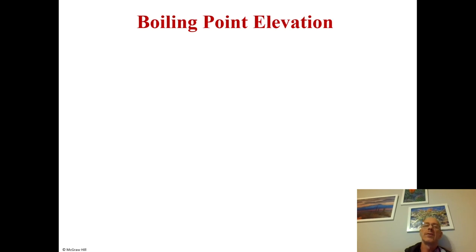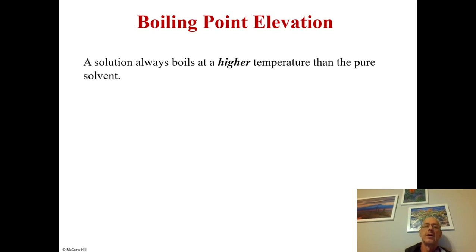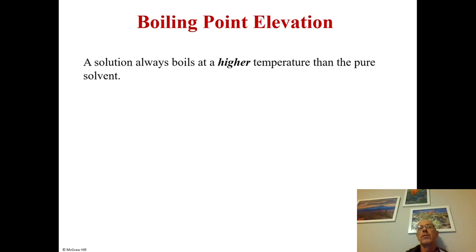The next colligative property we're going to look at is boiling point elevation, which is related to what we just looked at, because boiling point is the point at which the vapor pressure of the solvent under the given conditions is equal to the atmospheric pressure. A solution, since the vapor pressure is lowered, always has a higher boiling temperature than the pure solvent.